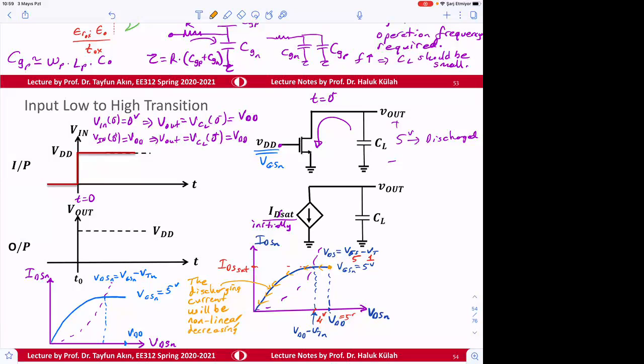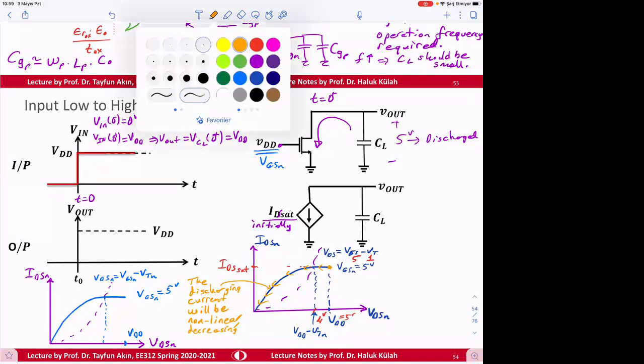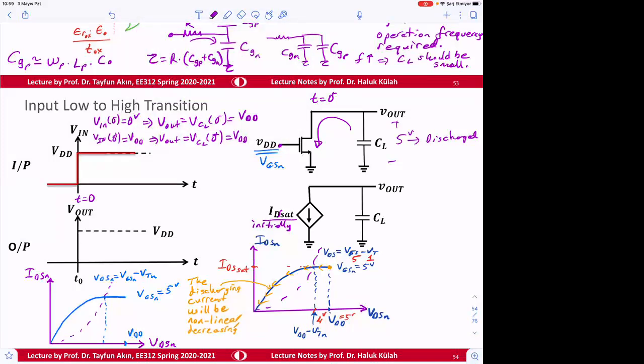So here we can notice that the output is going to be starting from here. It will be first like this, but then it will be decreasing. When it decreases, first it will linearly decrease. Why?